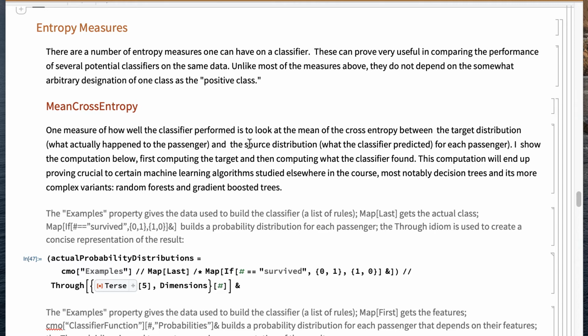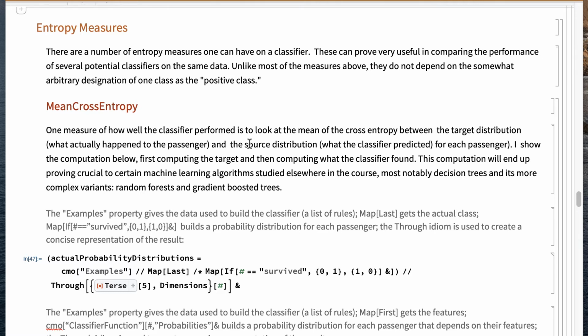And we have, as I've mentioned, a probability that the classifier outputs. I think there's a 37% chance the person died and a 63% chance the person survived. So those comparisons, as you remember from our cross entropy video, let you compute, in a sense, the difference between our actuality and our guess.